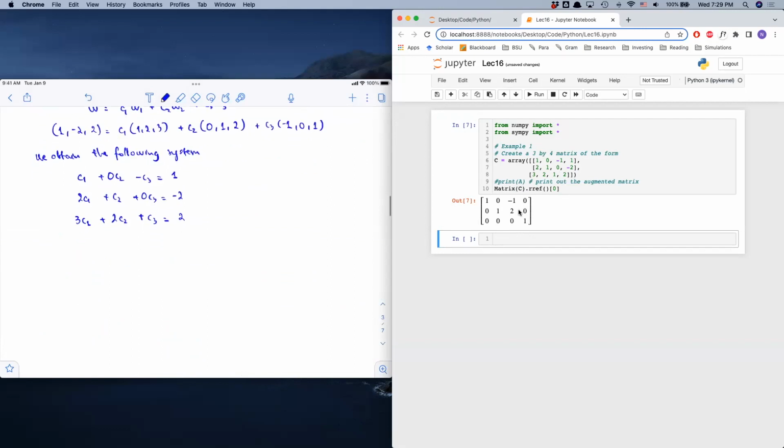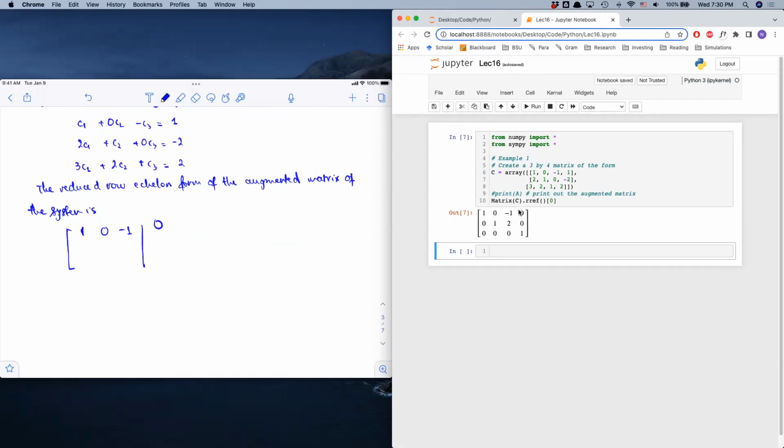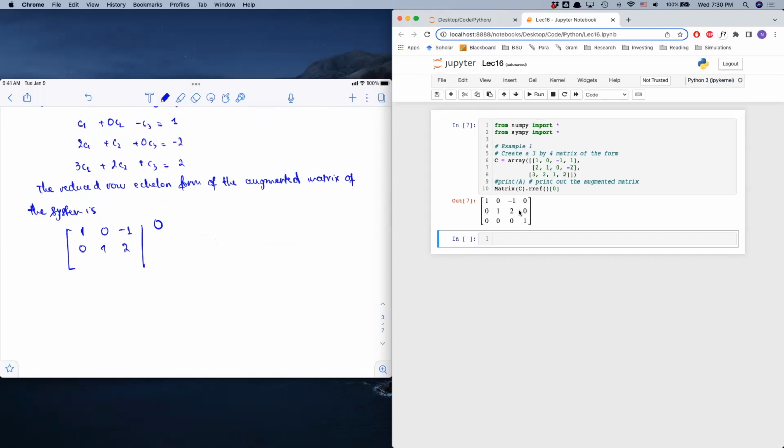So the reduced row echelon form of the augmented matrix of the system is going to be 1, 0, negative 1, 0, 0, 1, 2, 0, 0, 0, 0, 1.